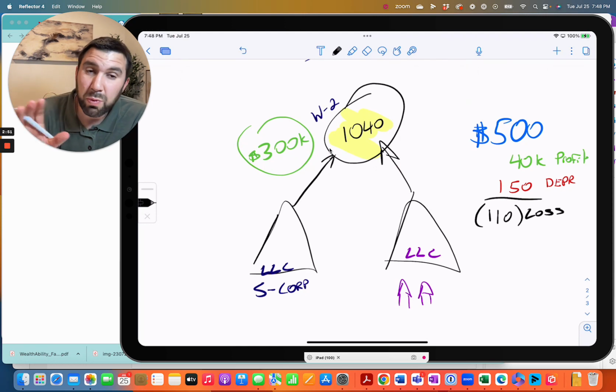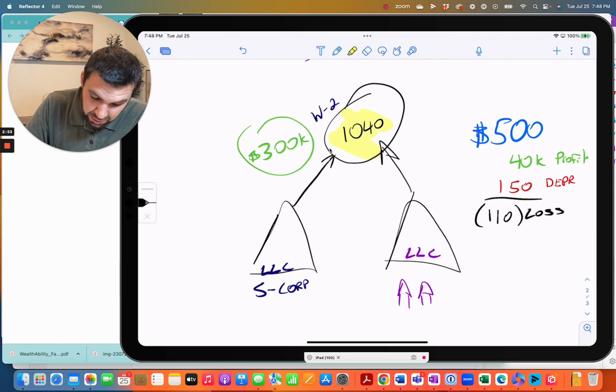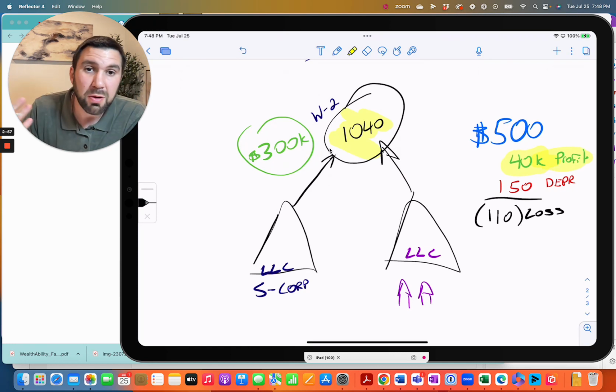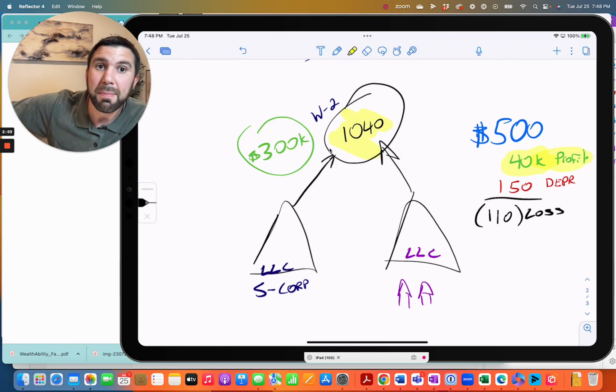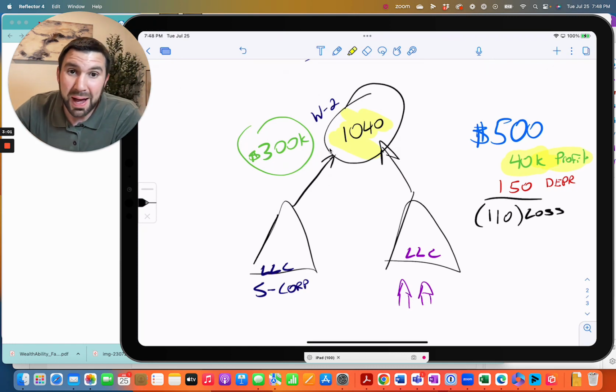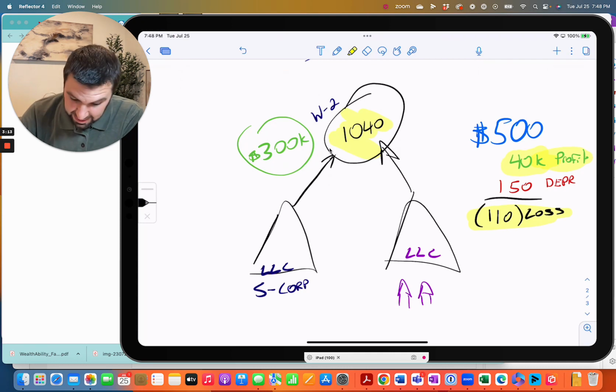Remember, we've already wiped out this 40. So that's good news. We've wiped out that 40 of profit that otherwise we'd be paying taxes on top of the 300,000. But now we're sitting here staring at this $110,000 saying, man, I would really love to get access to this $110,000 loss and use it to offset my income of $300,000.